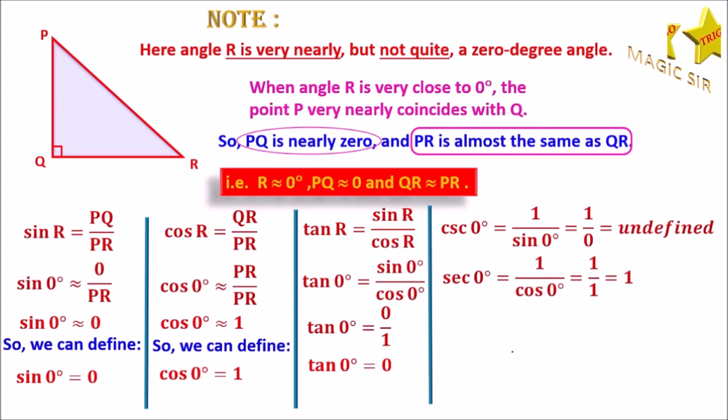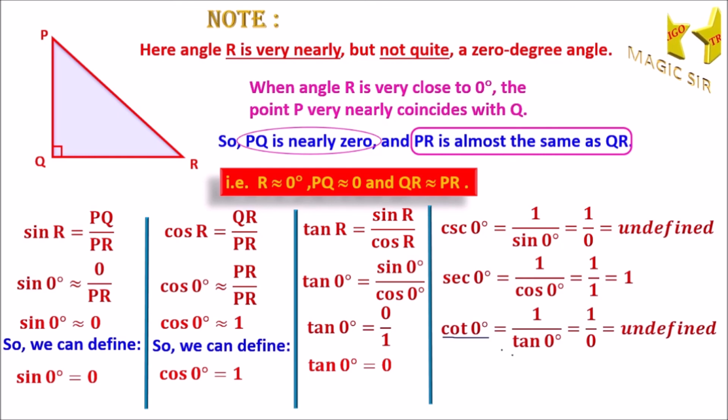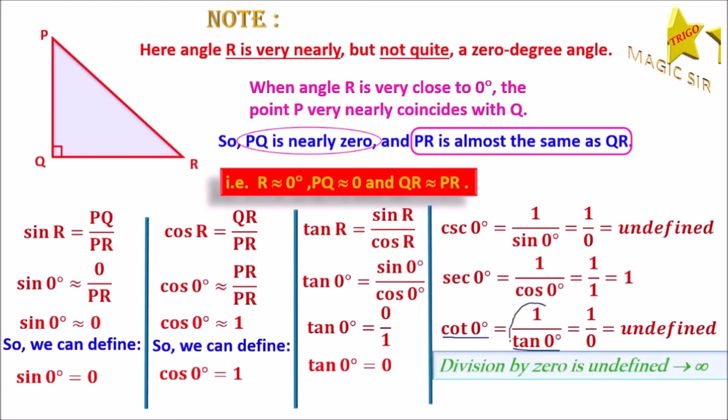Similarly, cot theta is the reciprocal of tan theta. So we write cot 0 degree is equal to 1 upon tan 0 degree. But we know that tan 0 degree is equal to 0. So we have cot 0 degree is equal to 1 upon 0.